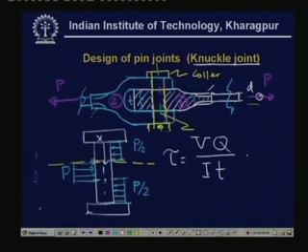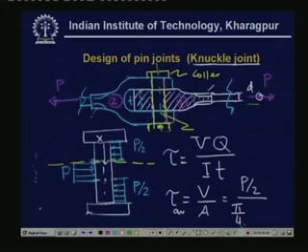So this gives a more exact result, but for preliminary calculations we can of course use the average value, tau average equal to V by A, which in this case is P by 2 divided by pi by 4 d_pin square. Now, tau average must be less than some value, and we have to calculate d_p from it. So this is one way of calculating, but there are further complications here.